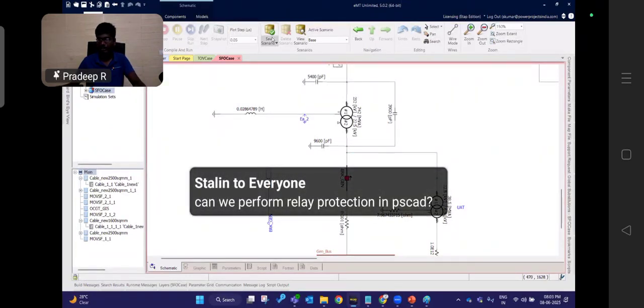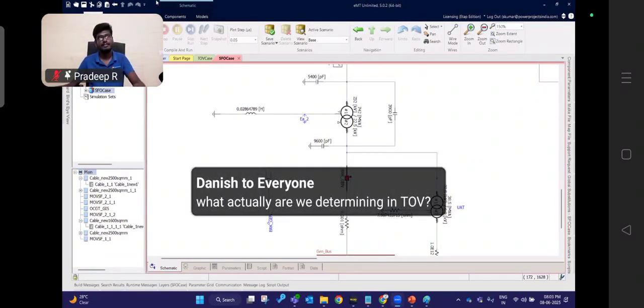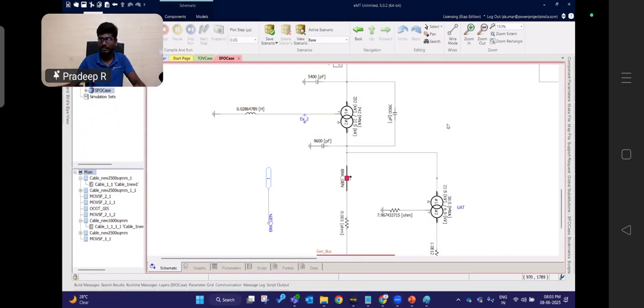Up to now, is there any doubts? Yes, so in this case, also can we perform relay protection in PSCAD? Yes, we can perform.